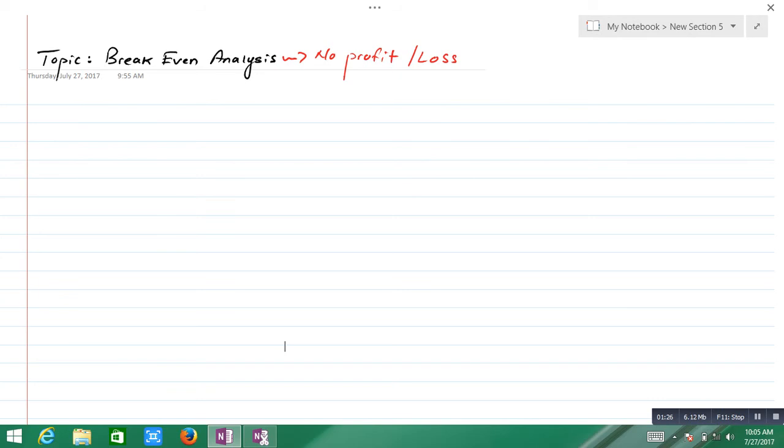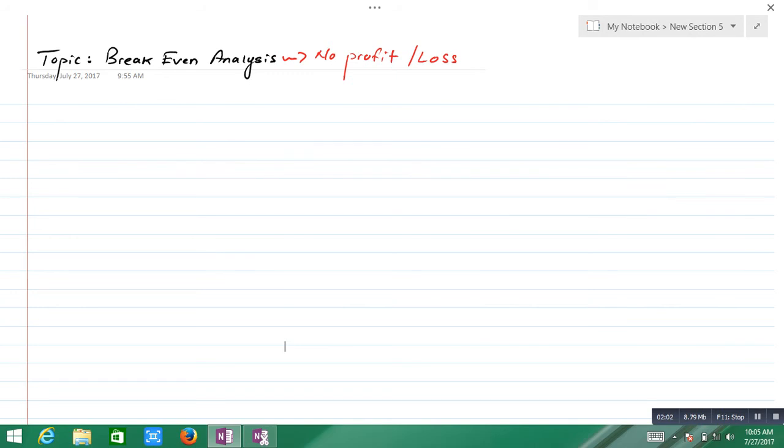If we sell more than the break-even units, then you will have a profit at the end of the day. But we are not going to sell below the break-even units. That will result in loss, so we don't want that. At the end of the day, we want to sell above break-even units so that we can achieve profit, or exactly the break-even units. Definitely, all companies want profit or break-even. We don't want loss. So that's the use of break-even point or break-even analysis.